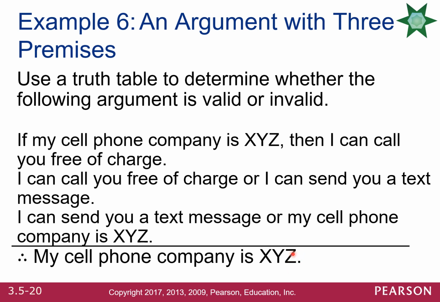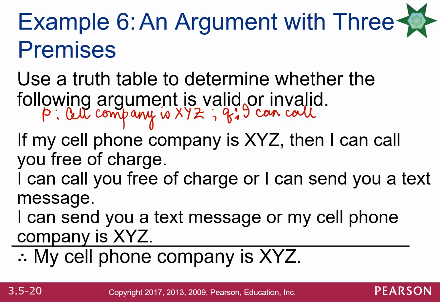So again, first let's break it up into three statements, and then we will write the entire argument in symbolic form. So the first statement is that my cell phone company is XYZ. So let's call that P. And then the second one, Q. It says I can call you free of charge.